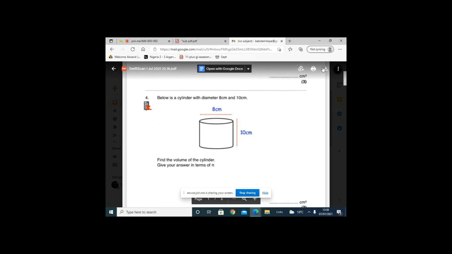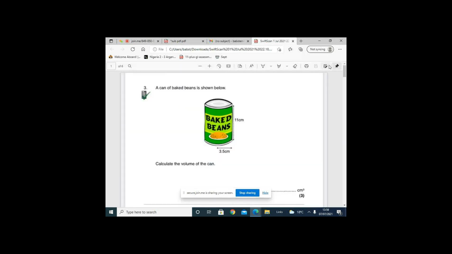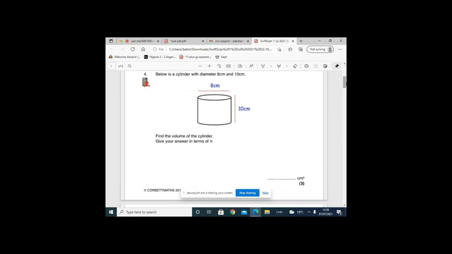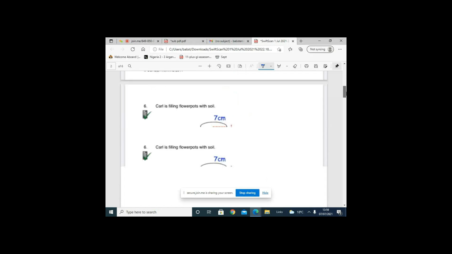Let me just download it here so that I can annotate it. So it's perfect. You found the radius of this before you could find the volume. So that's good. Your answer is still correct in that.